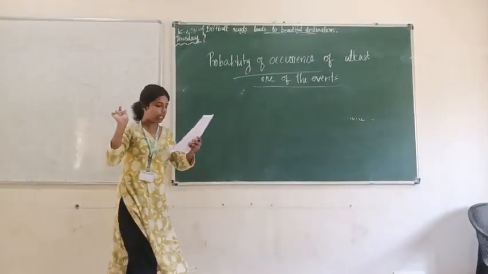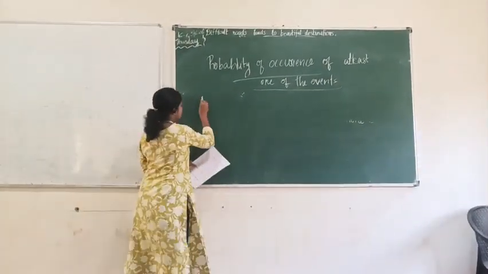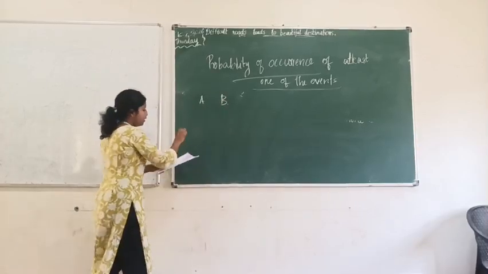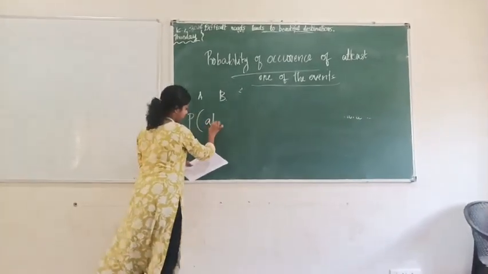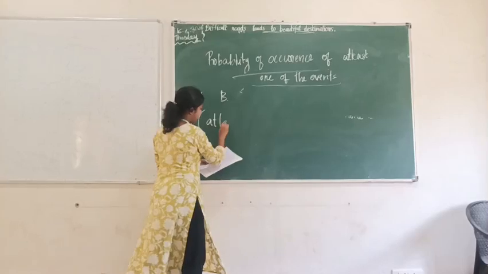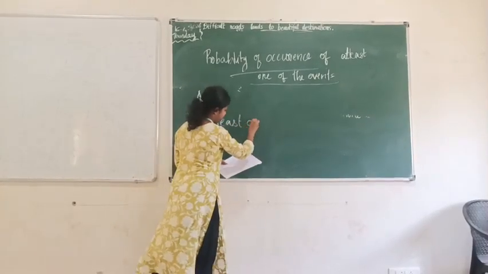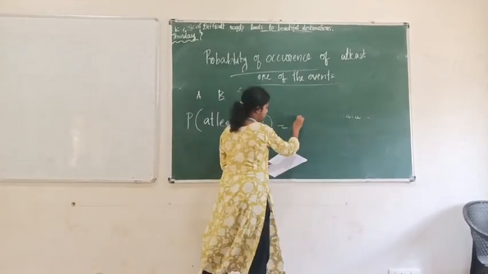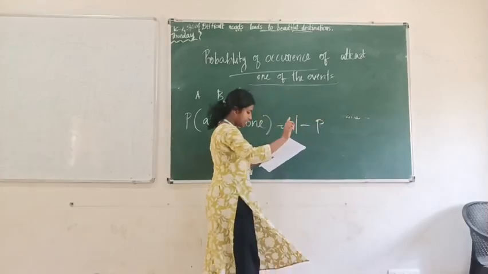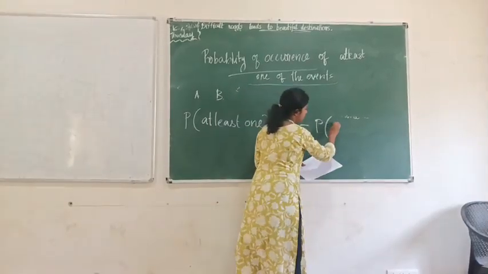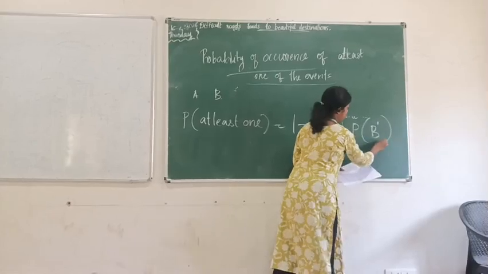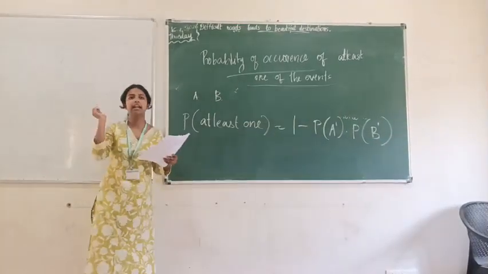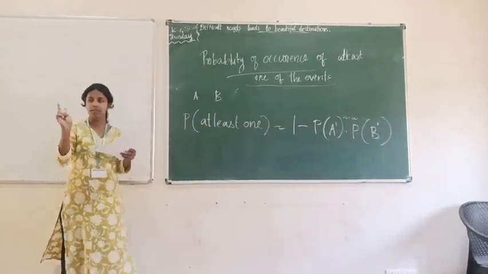If we have 2 independent events, A and B, to find at least one of the events, we have P of at least 1 is equal to 1 minus the product of A dash and B dash. This is the equation we use when 2 events happen.